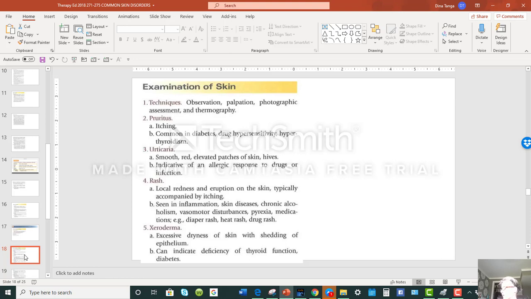We found another word we don't know how to say. Why is this blasted thing so slow? Let's see. Urticaria. Why is this not working?